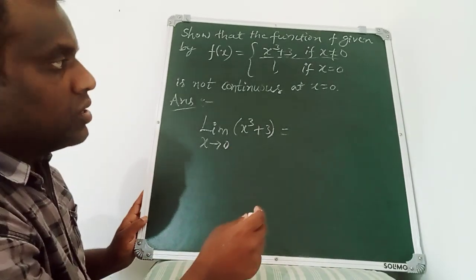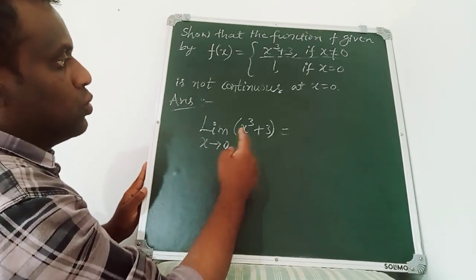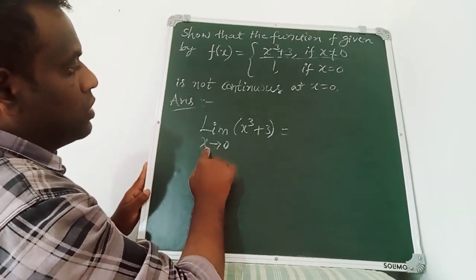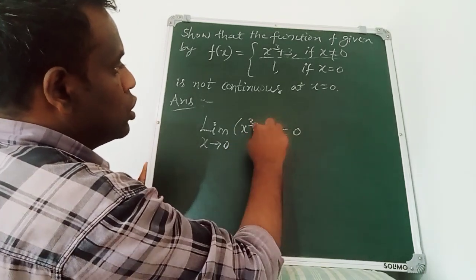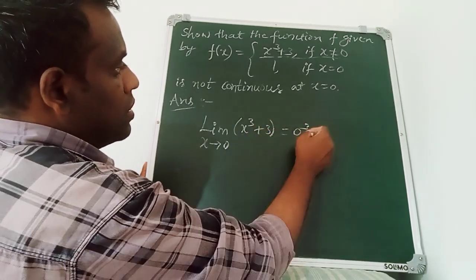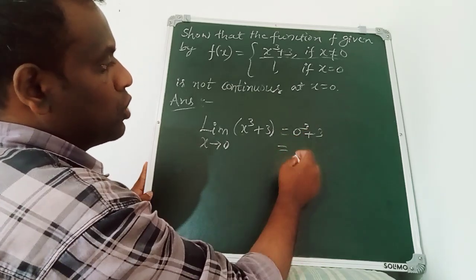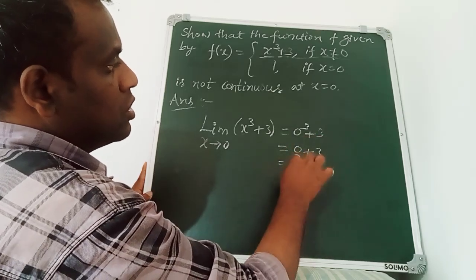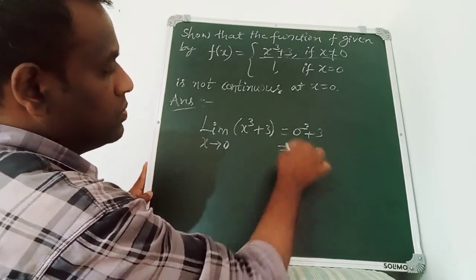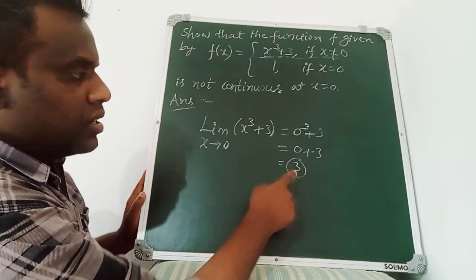So we have to find what happens when x becomes 0. For that, substitute x is equal to 0 in this. In place of x, 0 cube plus 3. Now simplify. 0 cube is 0 only, plus 3 stays. 0 plus 3 we get 3. So what does it mean?